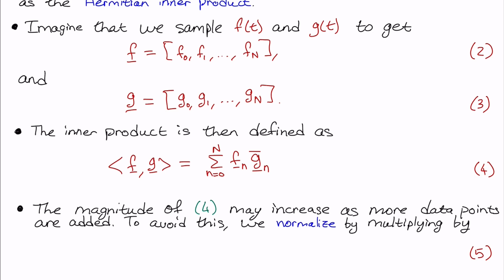So it's still the complex conjugate of g, which is equal to the sum from n equals 0 to big N of f of n times g overbar of n.